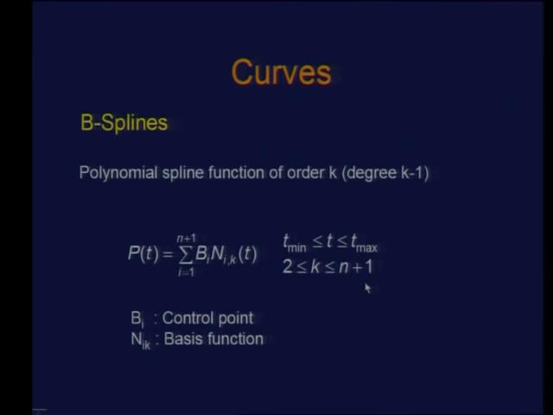So, the maximum order of the curve which you can obtain is n plus 1, and the parameter t ranges from some t minimum to t maximum, right, and these B_i's are nothing but the control points. So, this is a very standard way of defining the parametric curves as some sort of a blending of the geometric information specified through the control points, right.